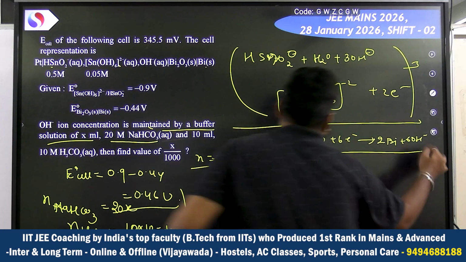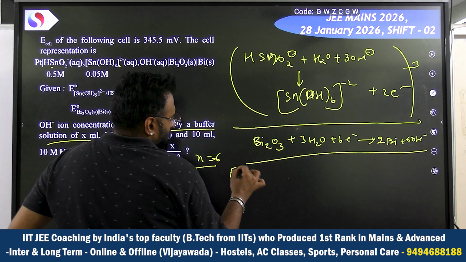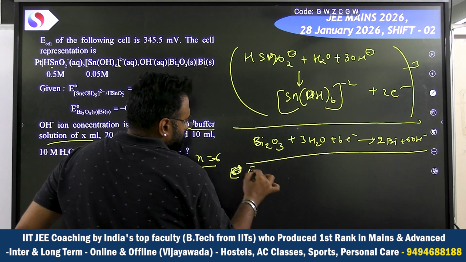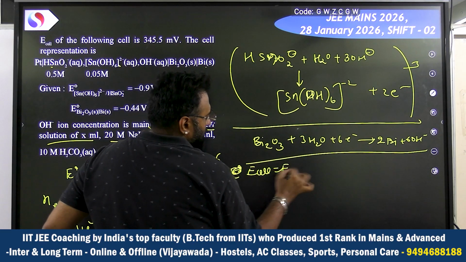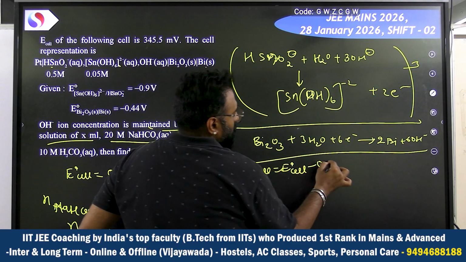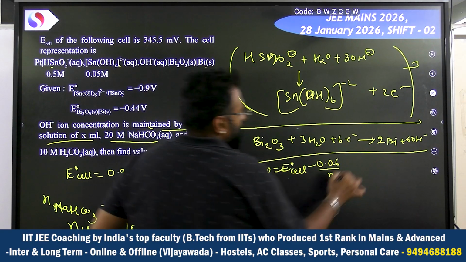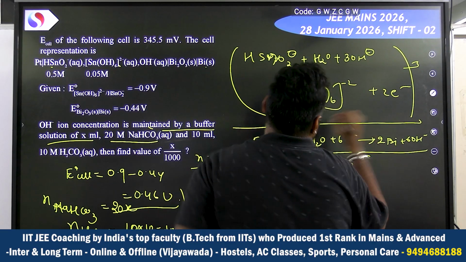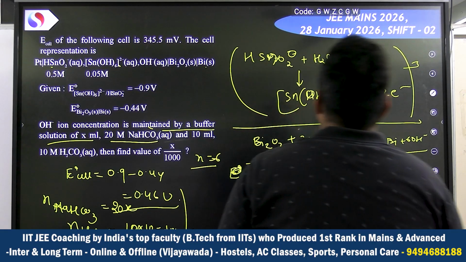Now, what is the formula? E cell is equal to E naught cell minus 0.06 by n log product upon reactant. So what is the product?